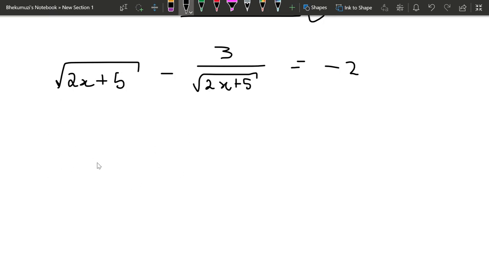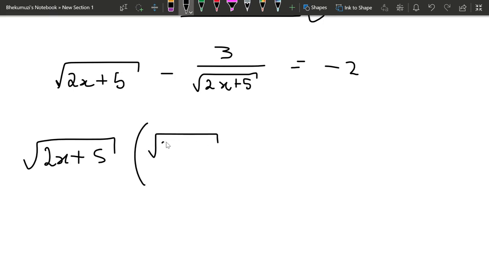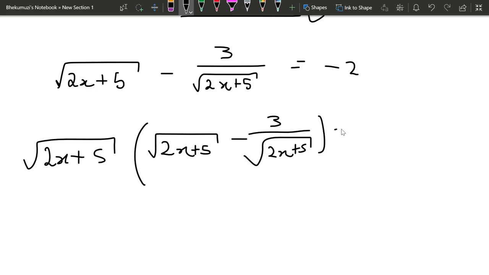So in this case, what would it be? It would be the square root of 2x plus 5, all multiplying the square root of 2x plus 5, that is subtracted by 3 over the square root of 2x plus 5, that is equal to -2 times the square root of 2x plus 5, right?